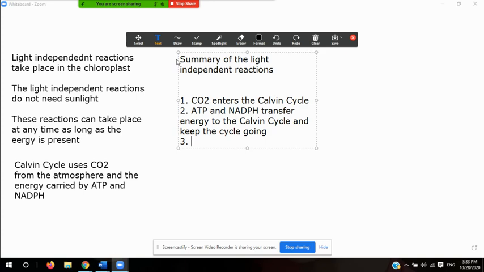So basically, the third step is that one high energy 3-carbon molecule is made for every 3 molecules of carbon dioxide.